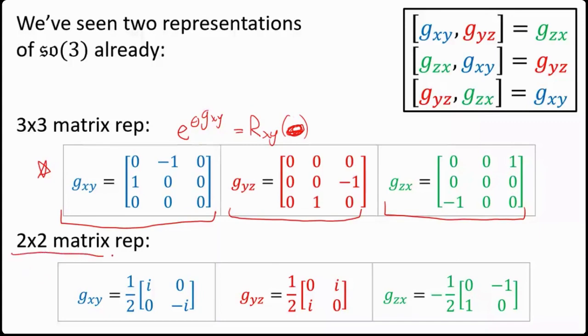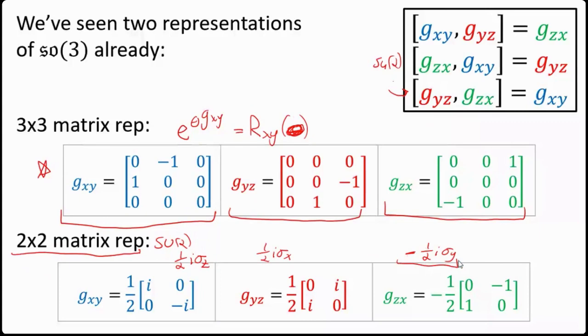And then there's the slightly less obvious SU2, or little su(2), which also satisfies this. So I think this was 1/2 i sigma z, this is 1/2 i sigma x, and I think this is 1/2 i sigma y, maybe with a minus sign in front. I think you need a minus sign there to make it work. So these are 2x2 and 3x3 representations.